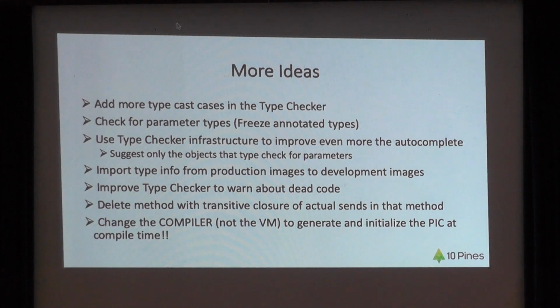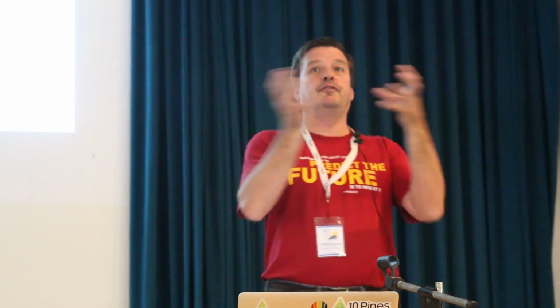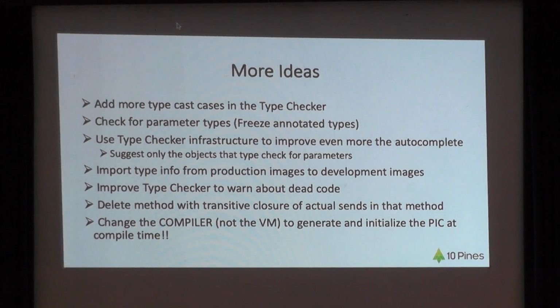Also, we can use the VM in production to get all the type information. If you don't have tests in development, retrofit that type information into your development environment and use it there. We could use the type checker to warn about that code. I don't know, many things.